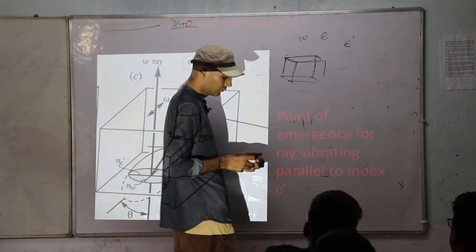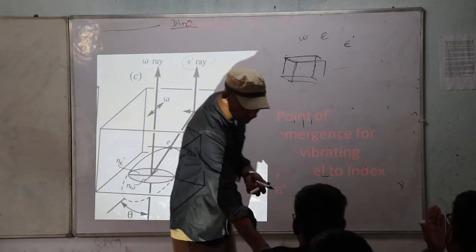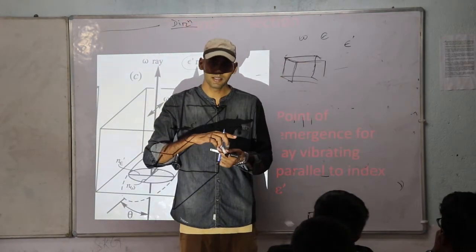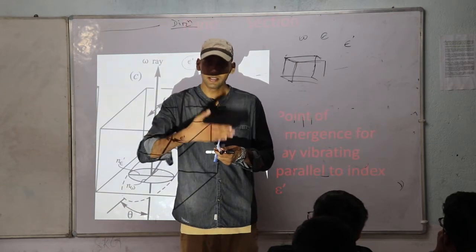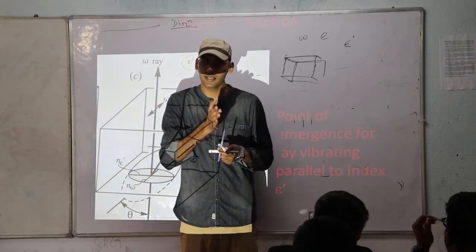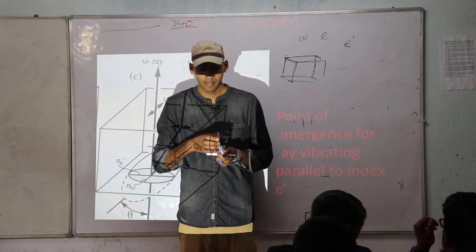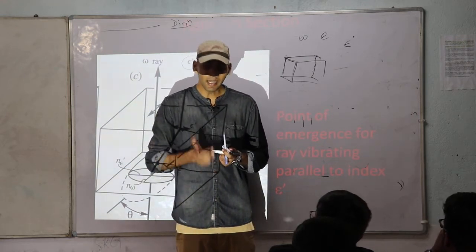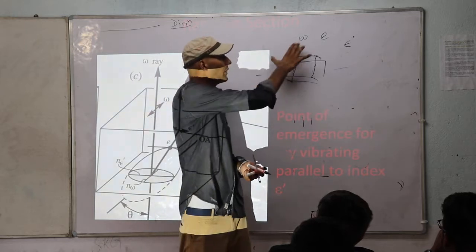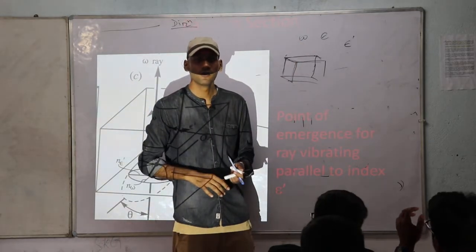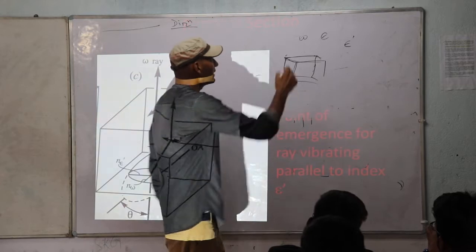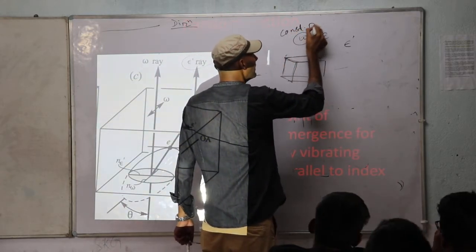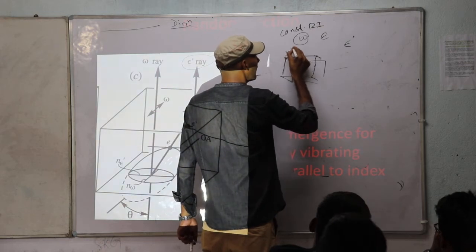One is AB, this is section AB, this section is BC, this section is AC. These are three principal sections. There are other random sections also. In each section, the O ray has the same refractive index. The O ray has a constant refractive index for a mineral in each section. Constant refractive index in a mineral.